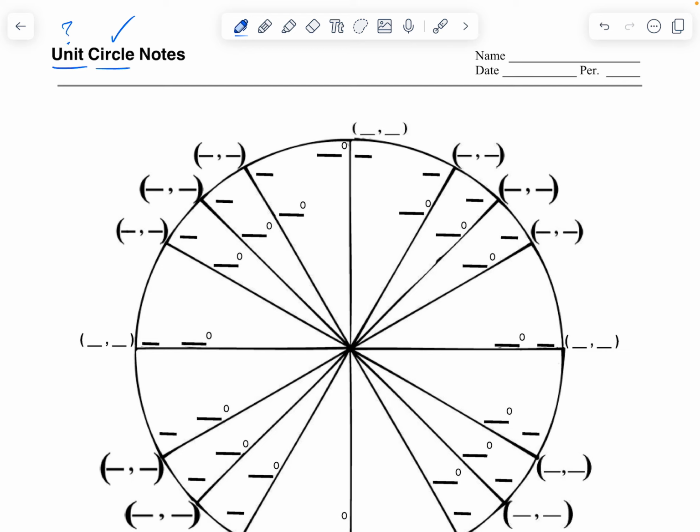Well, if I actually draw over here a graph grid, and I'll just do a very small graph here, each one of these numbers is actually a unit.